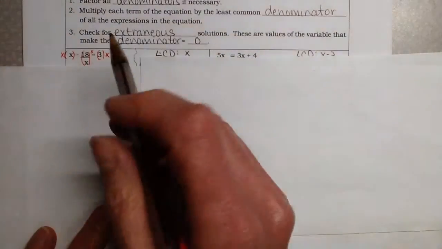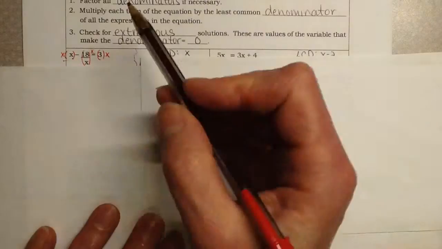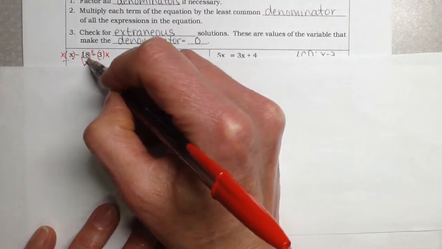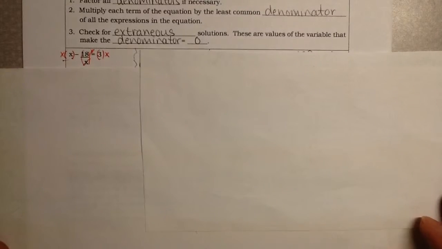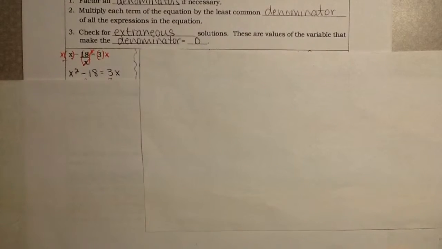Okay, now what happens here, this turns into x squared. Multiplying and dividing by x just turn into 1. So the equation now that I have is x squared minus 18 equals 3x. And then I need to set everything equal to 0, and then I can factor. So I'm going to move the 3x over to the other side.